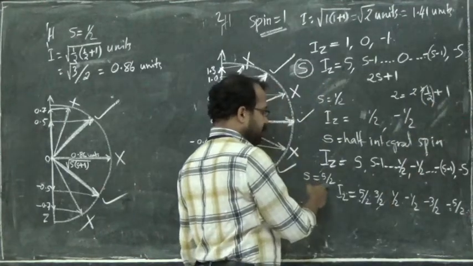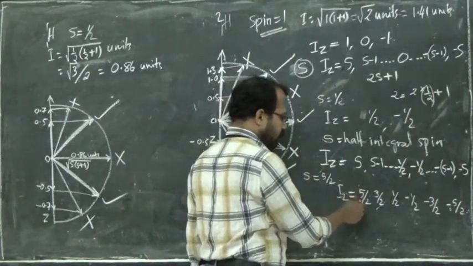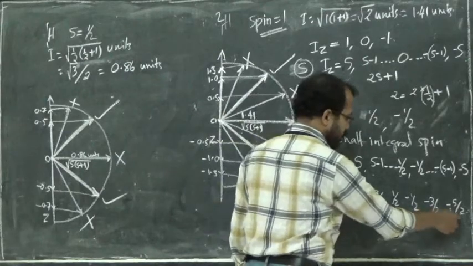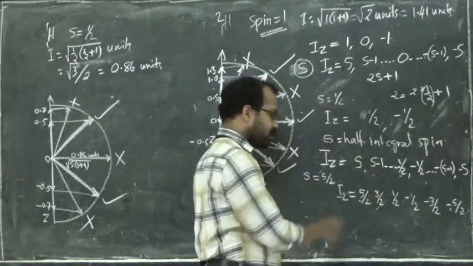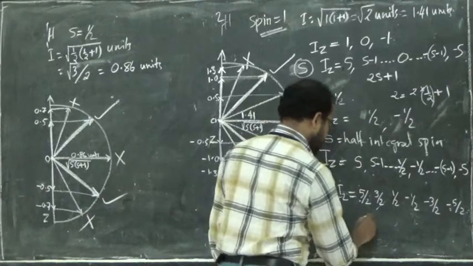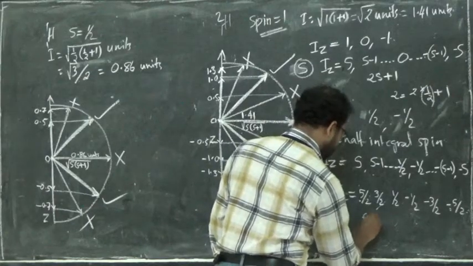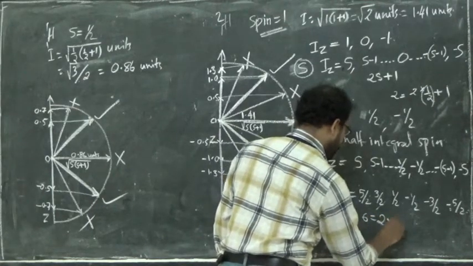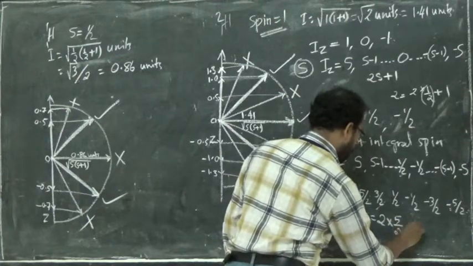So, when S is equal to 5 by 2, how many components are there? 1, 2, 3, 4, 5, 6. 6 components are there. What is the relation between 5 by 2 and 6? That is, 6 is equal to 2 into 5 by 2 plus 1.